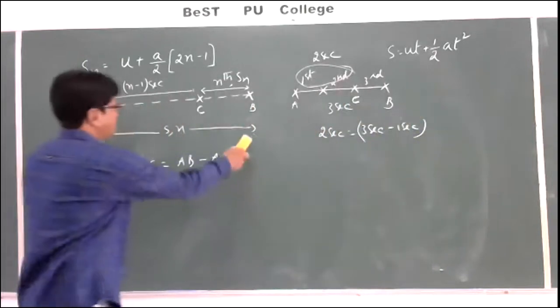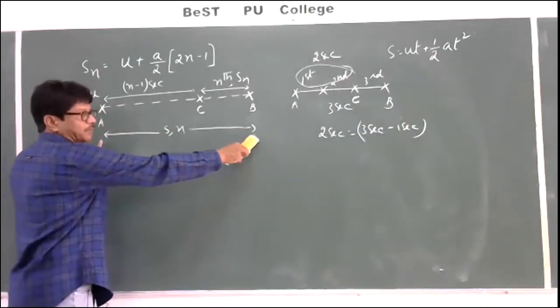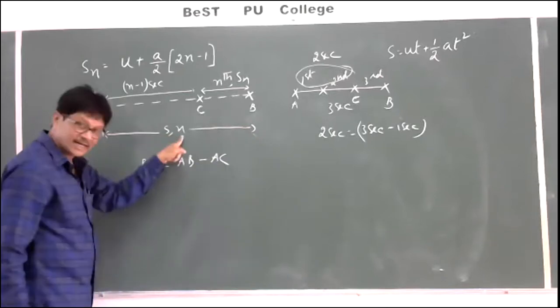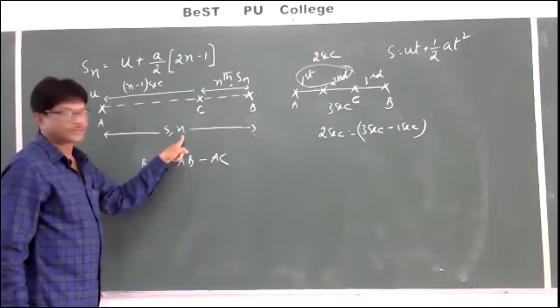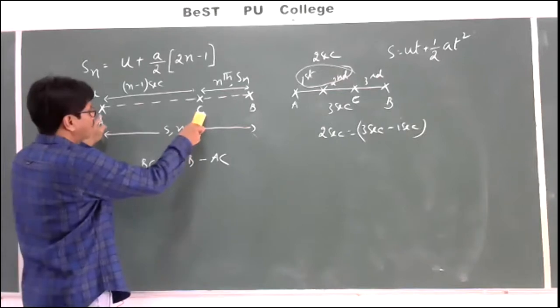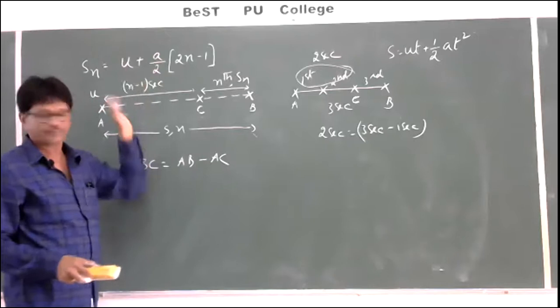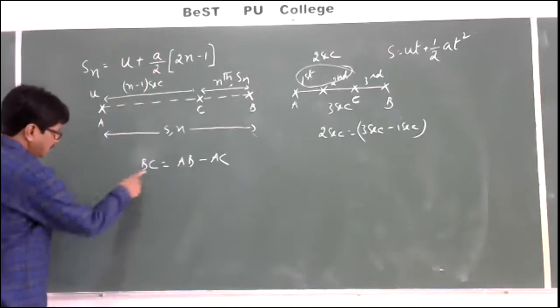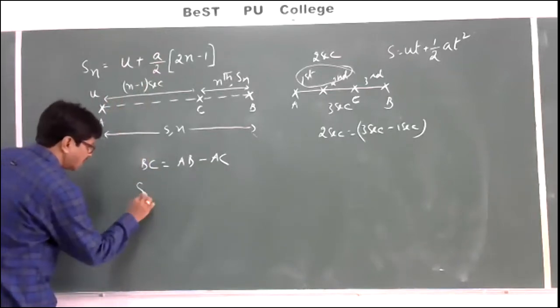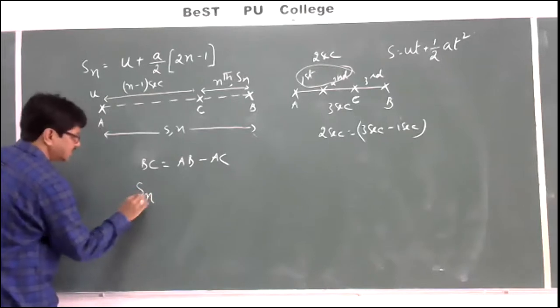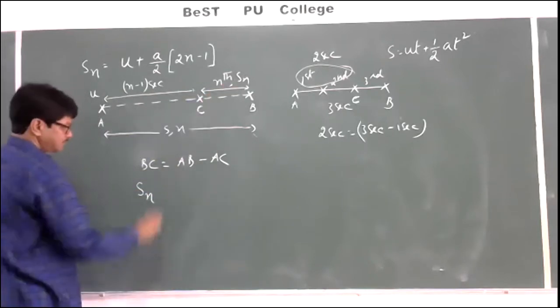Instead of t, what do we have in case of AB? n. Instead of t, what do we have in AC? n minus 1. Now, BC is the distance traveled in the nth second, that is what we call Sn.